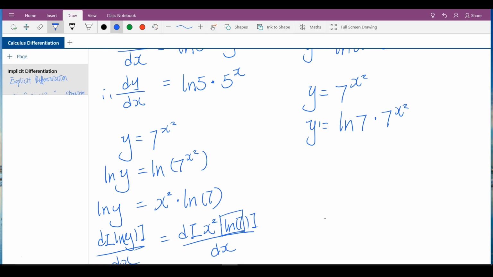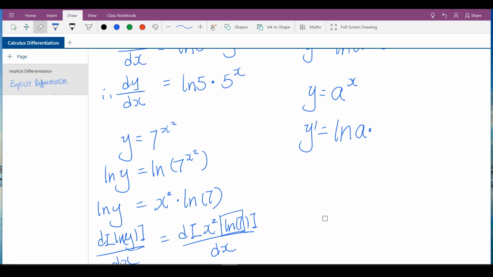So properly, if you want to do it properly, the rule shouldn't be this. Properly, the rule should be, that. And then y dash will be ln a multiplied by a to the x, multiplied by the derivative of that. Sorry, I shouldn't move the end there.